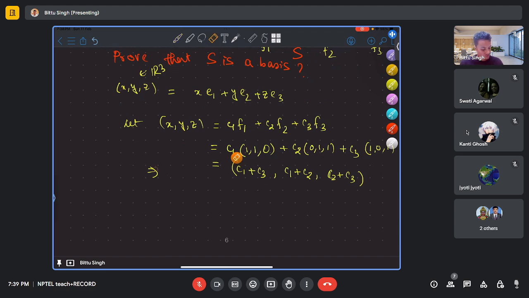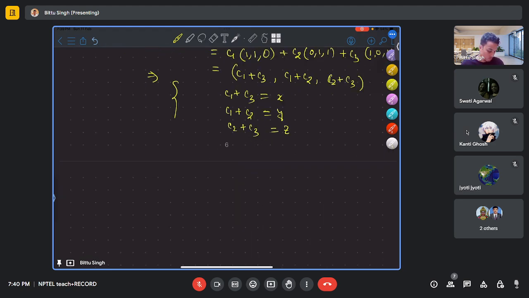So this means simultaneously x equals C1 plus C3, or we can rewrite it as C1 plus C3 equals x. Similarly, C1 plus C2 equals y, and C2 plus C3 equals z. Can we solve these equations? Let us solve.